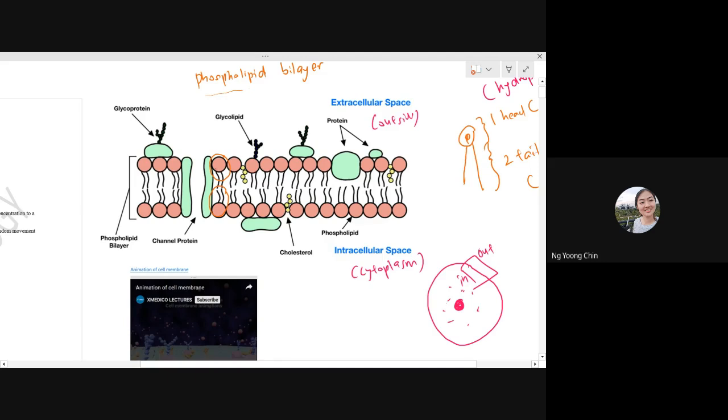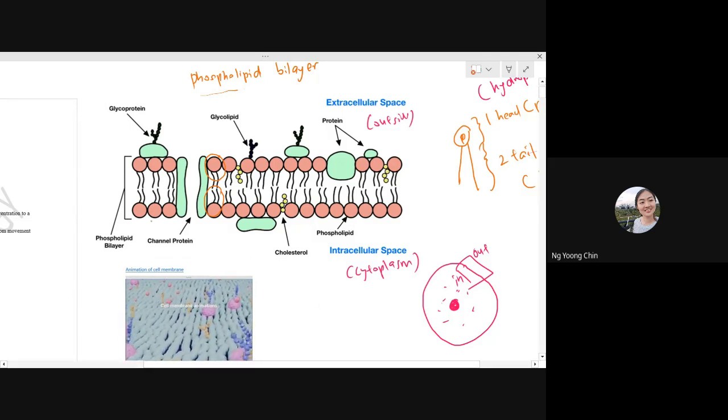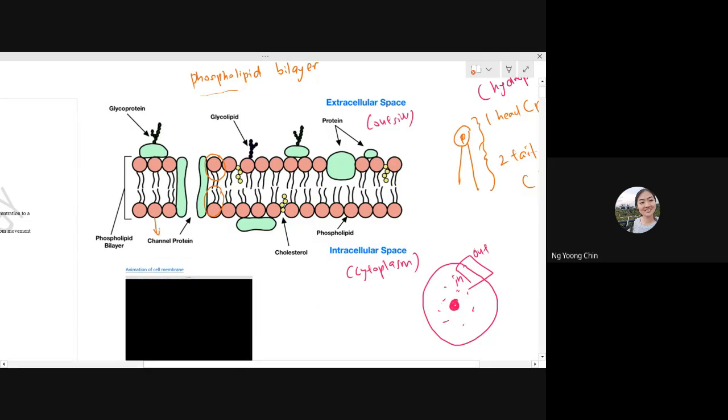So you know that this is a phospholipid bilayer. You have the hydrophilic head facing outside. Sorry, I said the wrong term earlier. The hydrophilic head faces outside because the extracellular space and the intracellular space are filled with water, so only the hydrophilic head is able to stand with water.